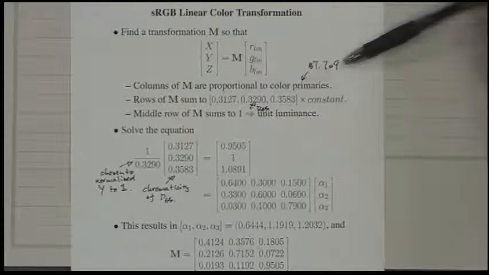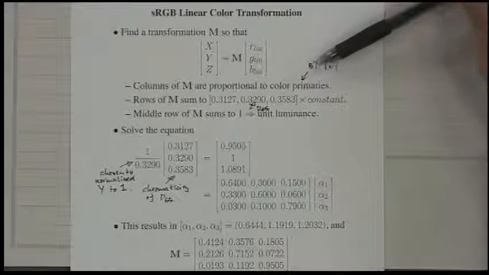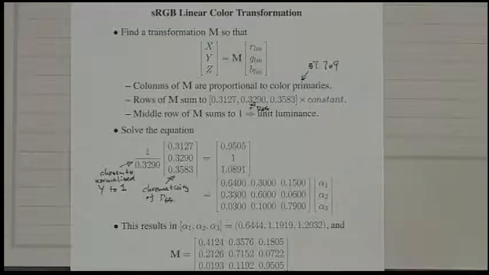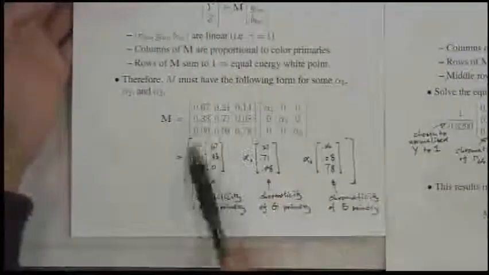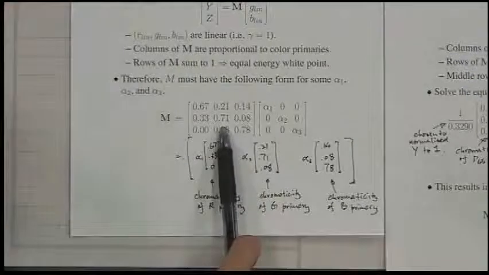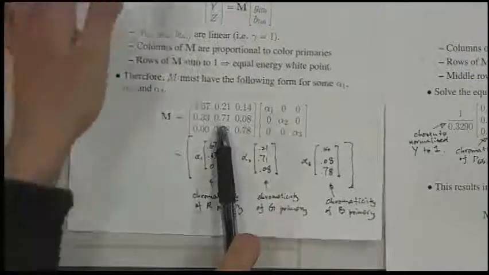So we can just look up the chromaticity of the primaries of 709. Then we can put the M matrix in a form like this, except that you have to replace this chromaticity value by the corresponding values from the 709 primaries.